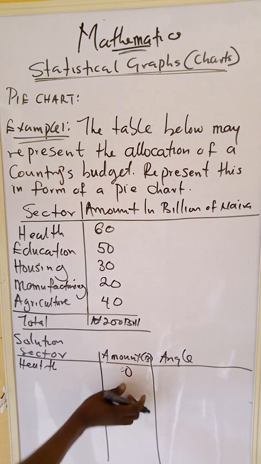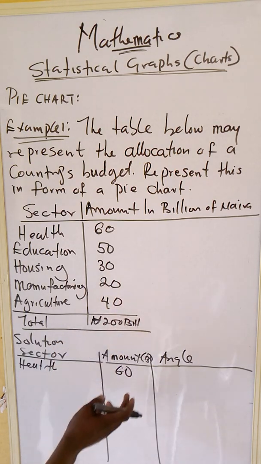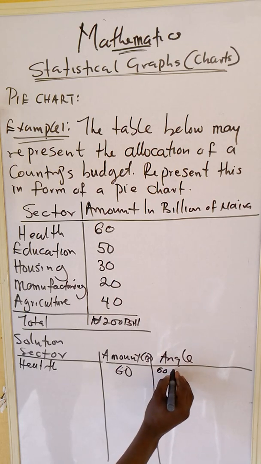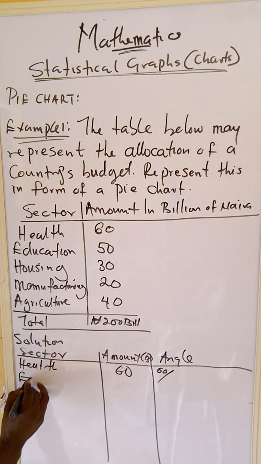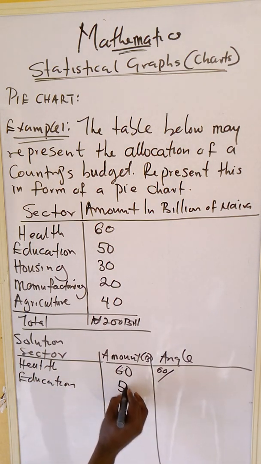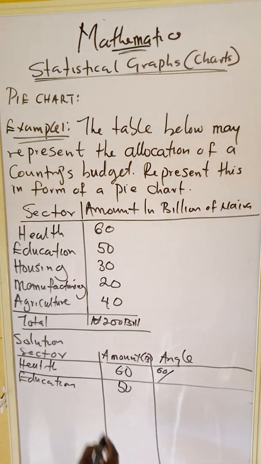Now, health is 60. The total value of everything is 200. That means for the angle we take 60 over the total. Let me write this one. Education is 50.